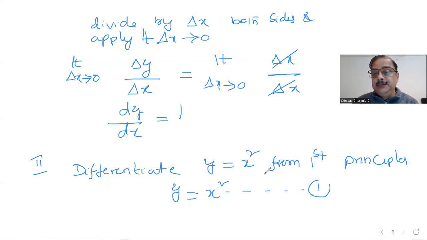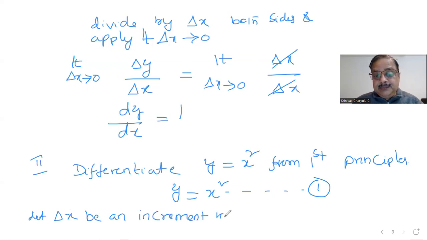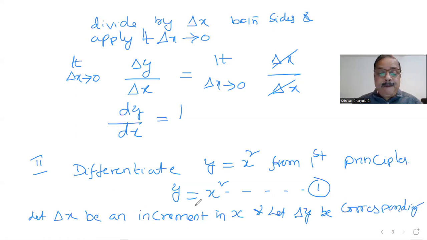This is our first equation. Same sentence. Let delta x be an increment in x, and let delta y be the corresponding increment in y. Okay, same like the previous sum, no difference.